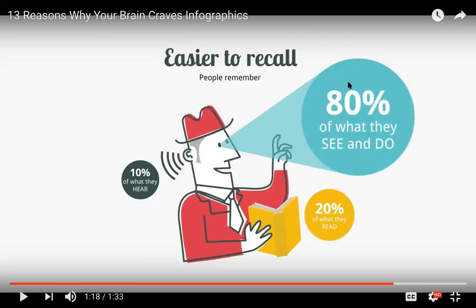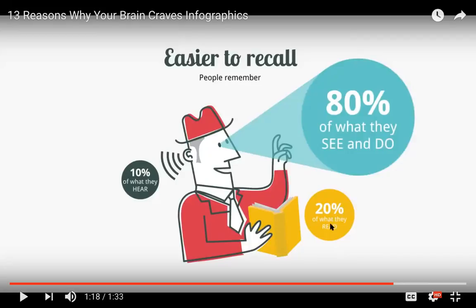How is that positioned and emphasized? The hearing is over here by the ear, and you see the little hearing wavelengths, right? And the reading is right over by the book.